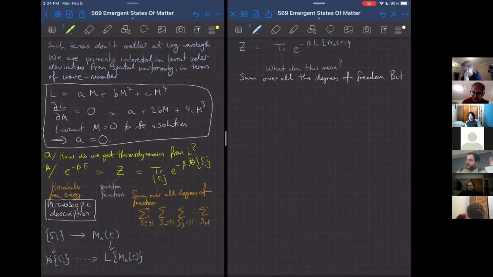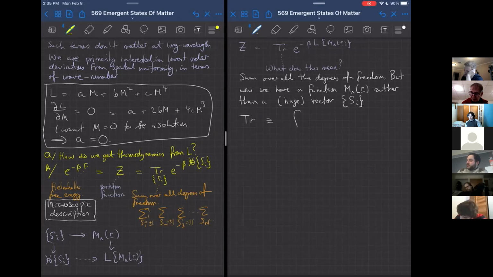But what we have now is a function rather than a possibly huge vector of spins S_i. So what this trace must mean is to do some integral over all possible functions m_lambda of r.